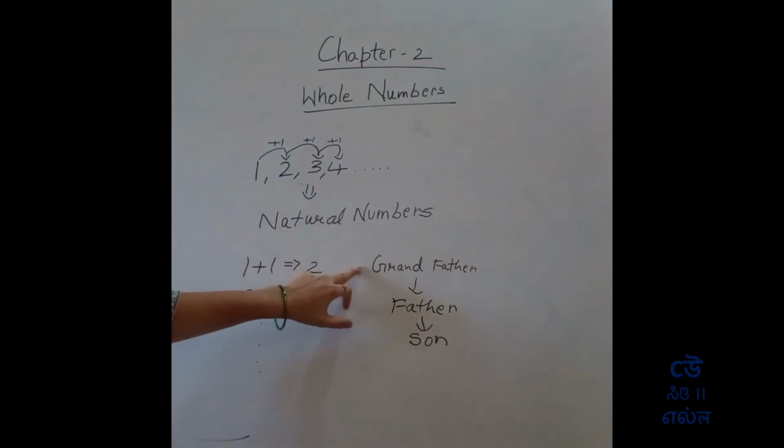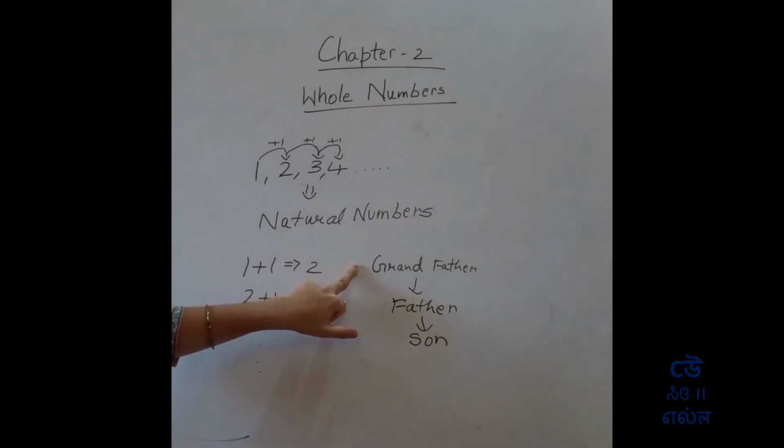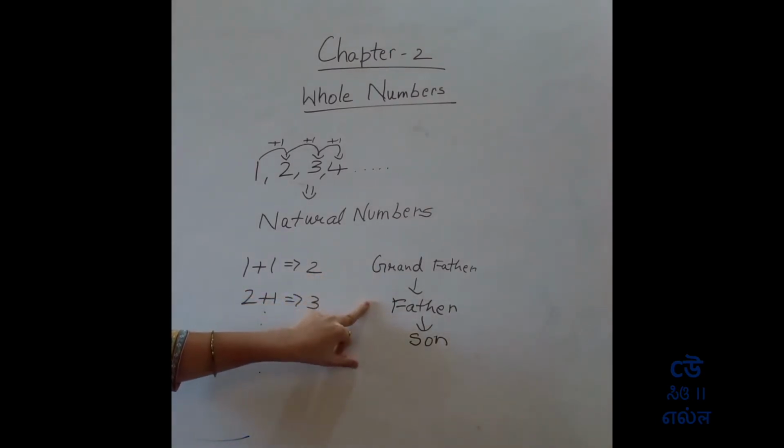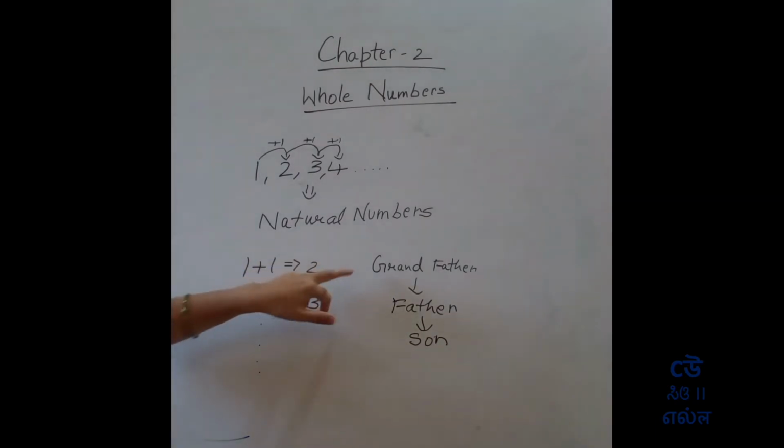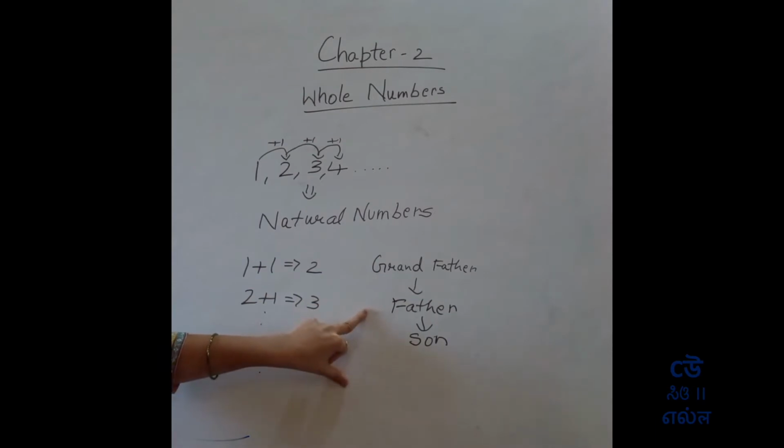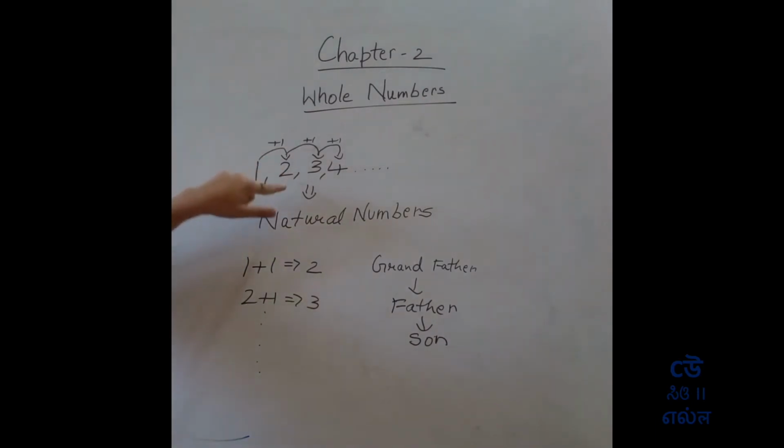The grandfather takes care of the home and some work, some business. After grandfather, who will take care of that? Father will take care of that. After father, who will take care? Son will take care of that. So grandfather's successor is father, father's successor is son. Like that, 1's successor is 2, 2's successor is 3, 3's successor is 4.